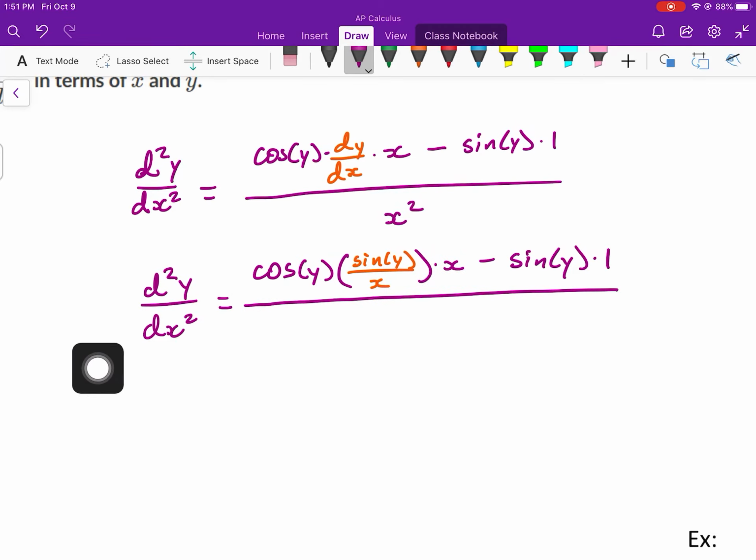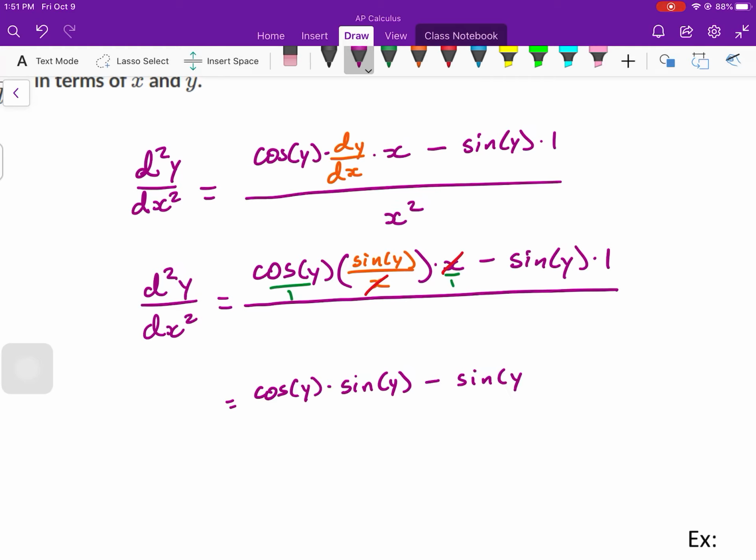You can picture this being on top, this would be over 1, this would be over 1, and the x's would cancel out, leaving us with cosine of y times sine of y minus sine of y, all over, and I forgot, x squared.